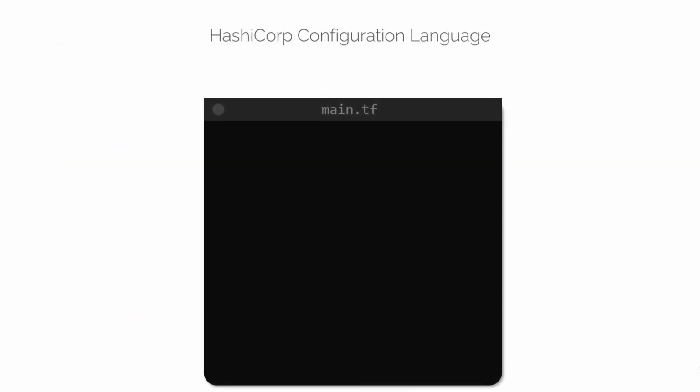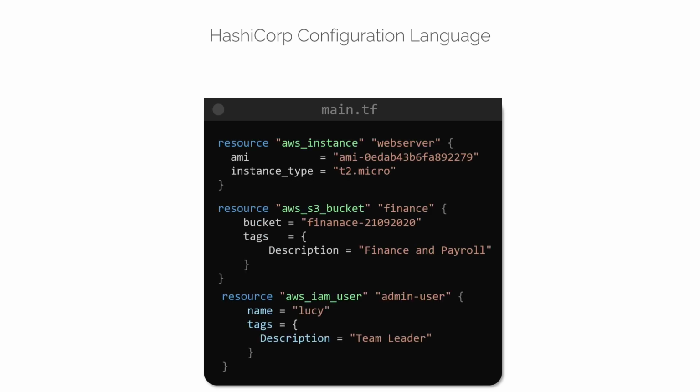Terraform uses HCL, which stands for Hashicorp Configuration Language, which is a simple declarative language to define the infrastructure resources to be provisioned as blocks of code. All infrastructure resources can be defined within configuration files that have a .tf file extension. The configuration syntax is easy to read and write and pick up for a beginner.